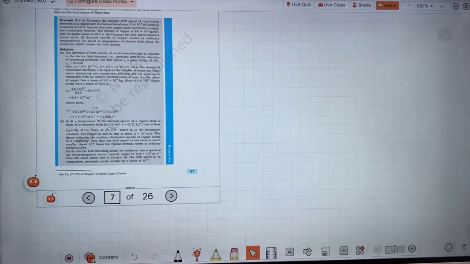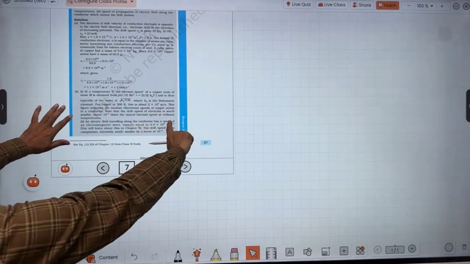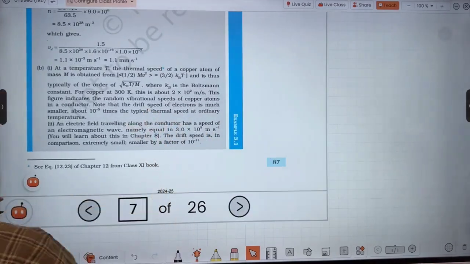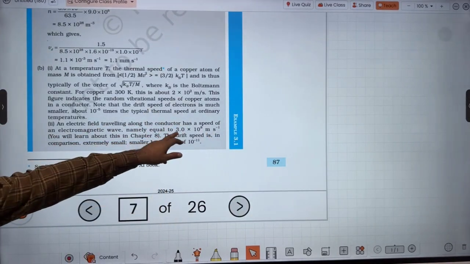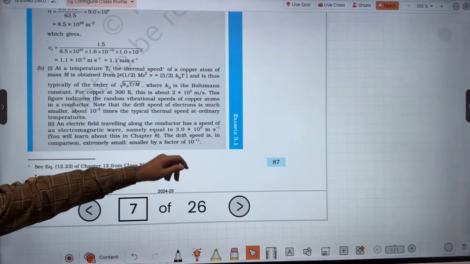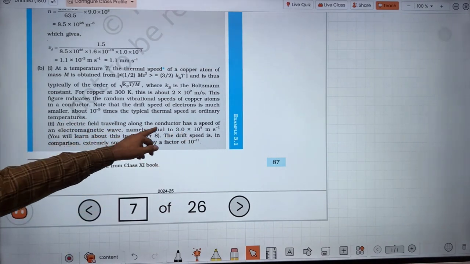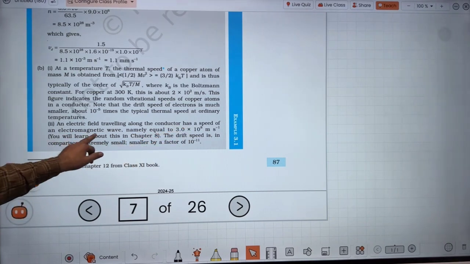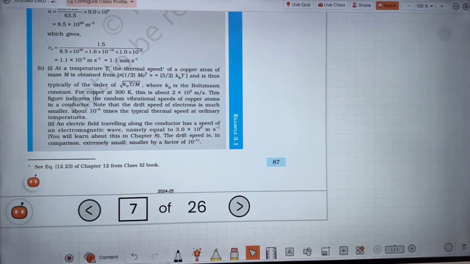So in the case of a conductor, electromagnetic waves are considered. The speed of the electric field will be the same as the speed of light, because light is an electromagnetic wave. So an electric field traveling along the conductor has the speed of an electromagnetic wave, equal to 3 into 10 power 8 meter per second.